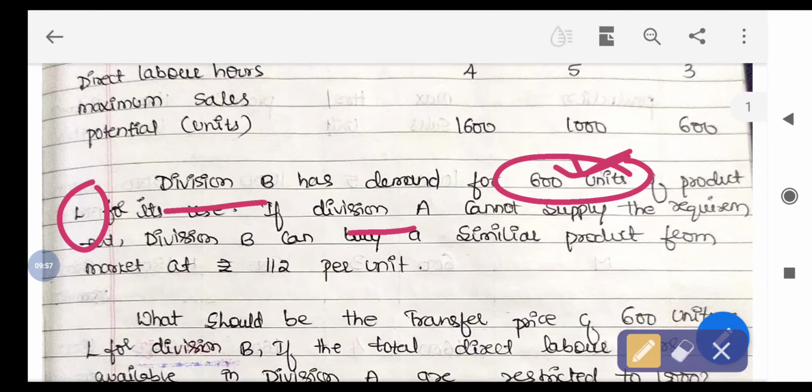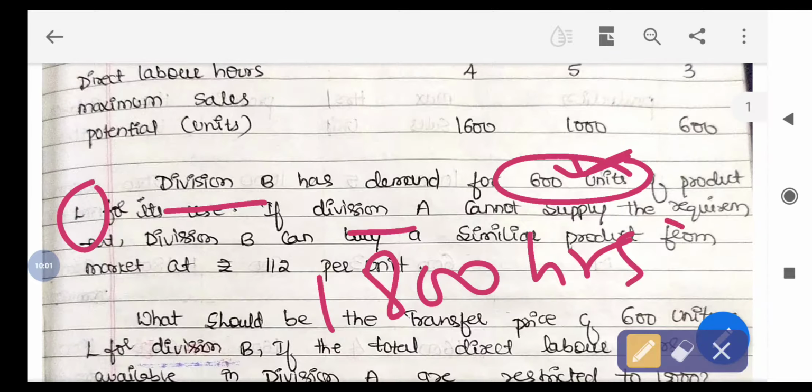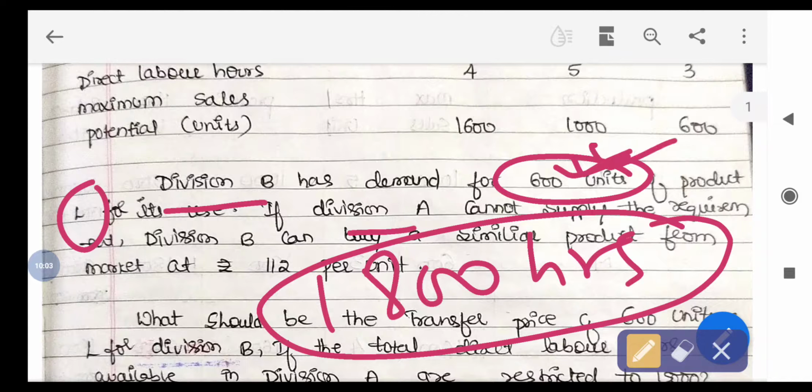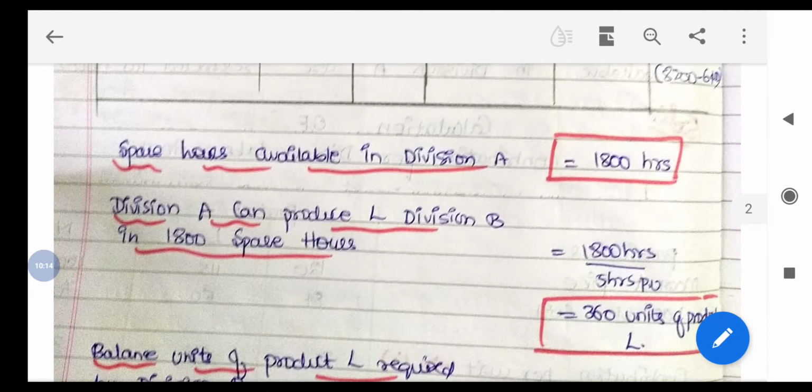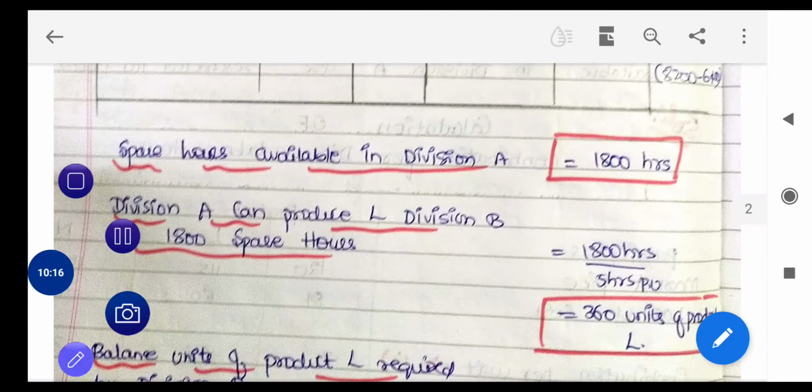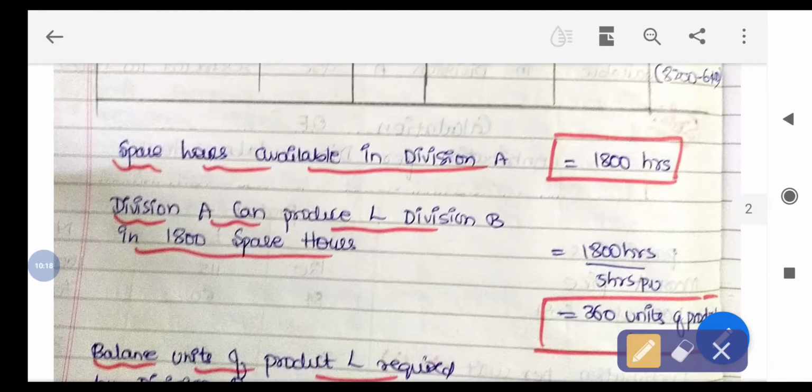Now we have to see whether in the 1800 hours division A can produce 600 units or not, and what should be the price charged for those 600 units. So now the spare available hours is 1800. So division A can produce L product in 1800 hours, we have to see.